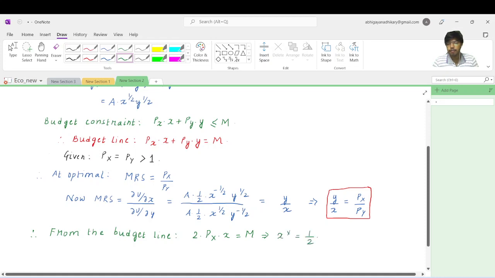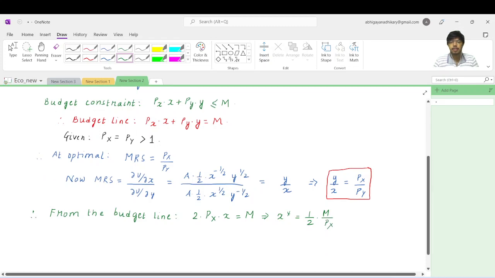It is half into m by px. And similarly, if I want to find out the optimal y, then we'll substitute for x and we'll get this structure. 2 times py into y equals to m. So this means what is my y star? Which is equals to half into m by py.